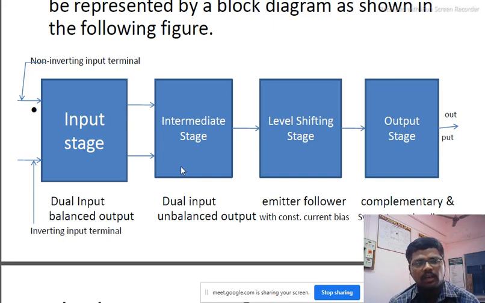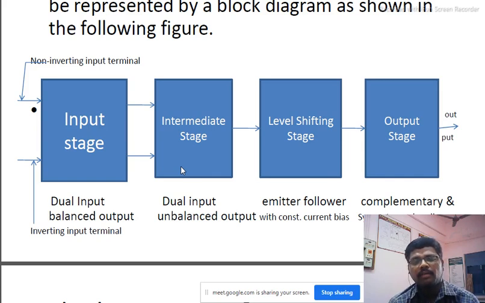That is different. The data can be transmitted from only one input terminal to the output. Dual input, balanced output. But in case of single input, we give the single input and the output can be detected from the output.